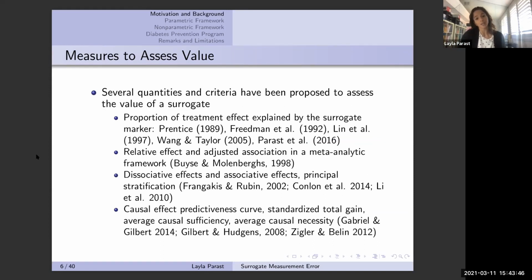So in a meta-analytic framework, there have been methods and measures proposed, where you have multiple studies instead of just one study to evaluate the relationship between the surrogate marker and the primary outcome. And there's a lot of work much more recently on this topic in the area of causal inference.